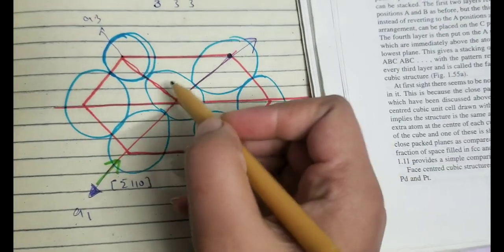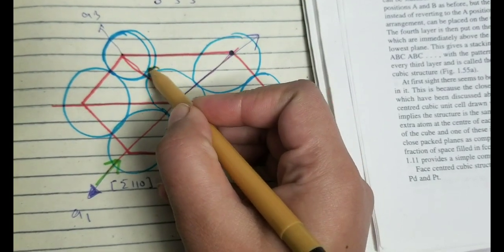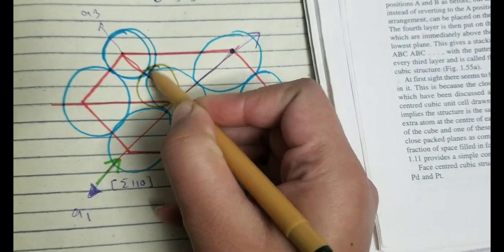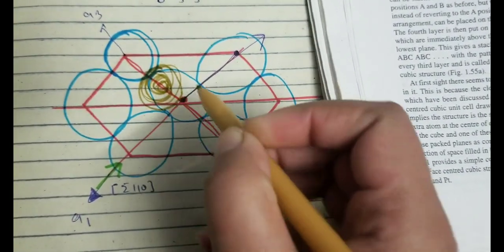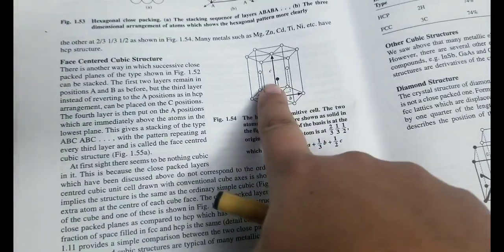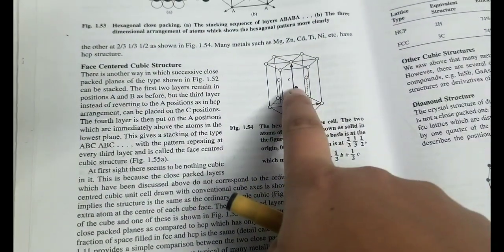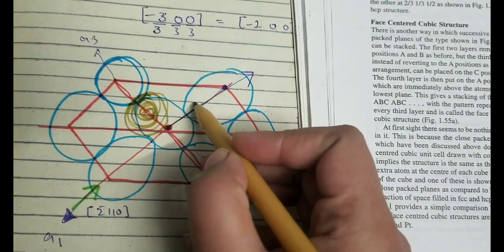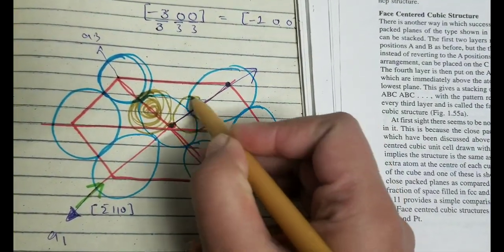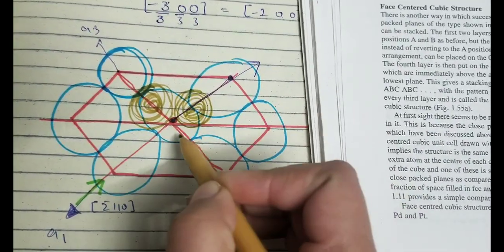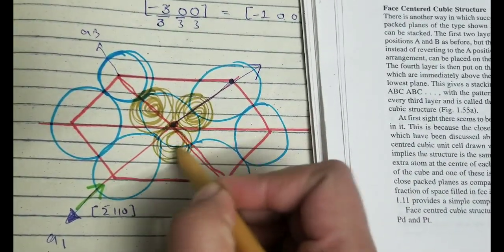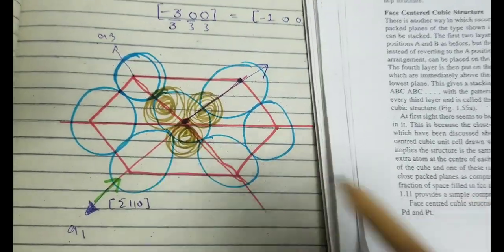So here is one atom. These are the three atoms on the 0002 plane, so we have to draw them also. And here is the third one. So these are the three atoms.